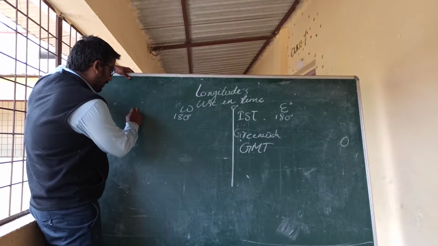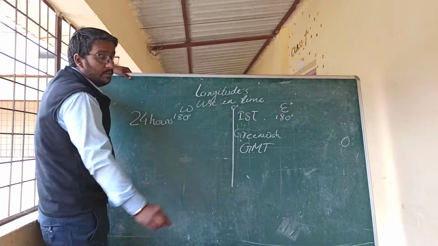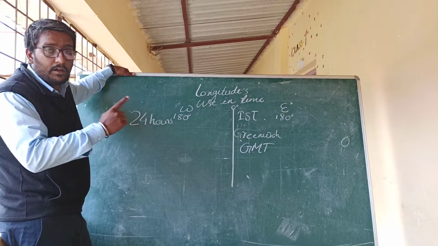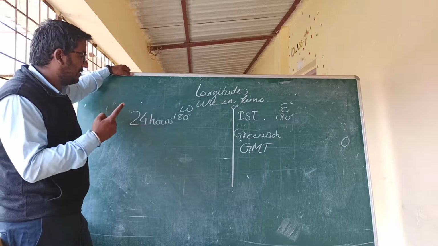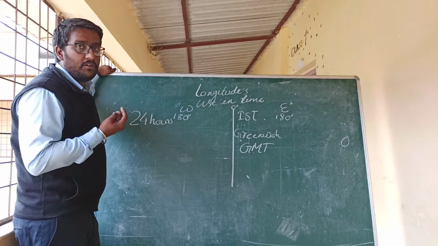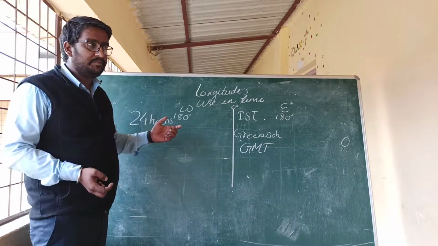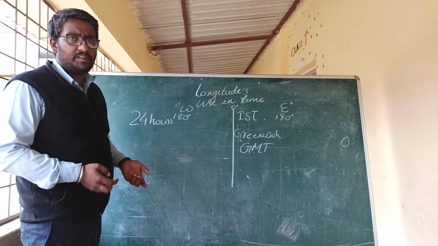The earth takes near about 24 hours to have a complete rotation on its axis. To be very precise, it's 23 hours and 56 minutes.